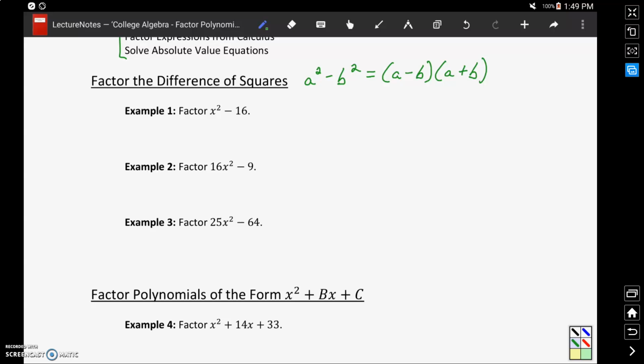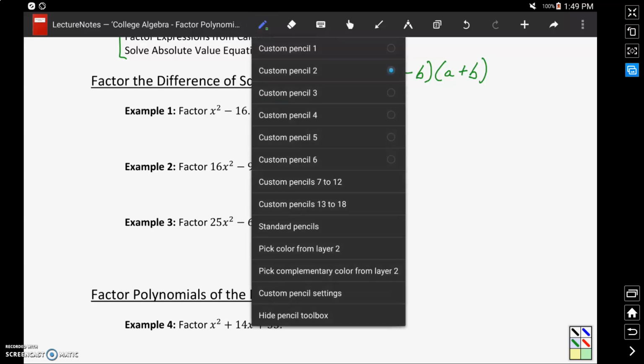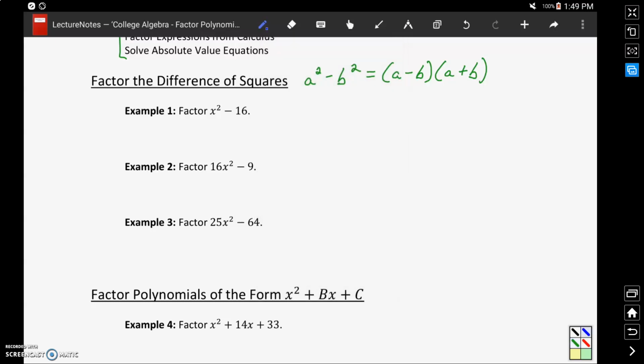Looking at a few examples, we'll see how we can rewrite each of these given expressions as that difference of squares, identifying both the first and second terms as perfect squares, and then apply this method. To start off, we can rewrite in example 1 that first term, x squared, as that quantity x raised to the second power, and then 16 can be rewritten as 4, that quantity raised to the second power.